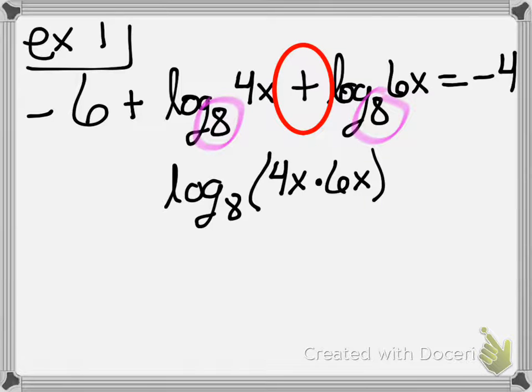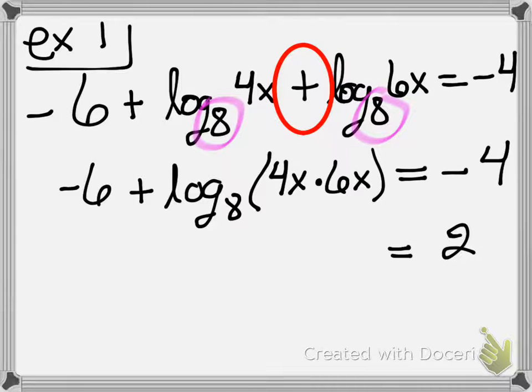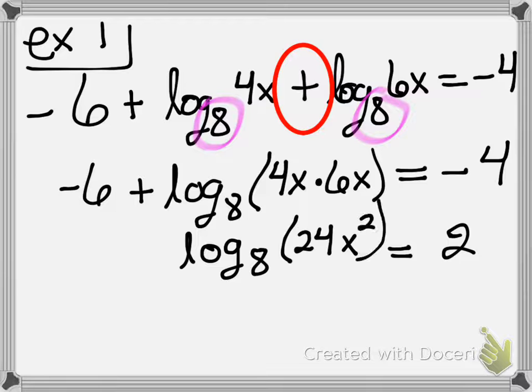Now, everything else will stay the same. We need this logarithm to kind of be by itself, so I'm going to add the 6 to the other side to equal 2. And I'm going to simplify what's in parentheses here to be 24x squared.